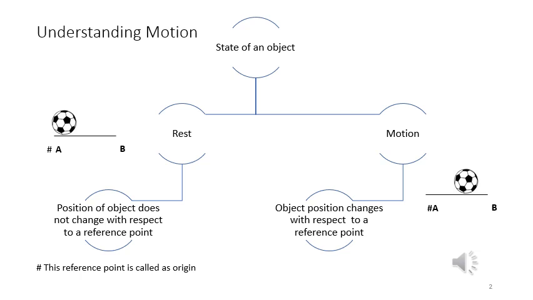So for you in the bus, the tree is moving because your comparison point is the bus. For the person standing under the tree, the tree is stationary and the bus along with the passengers is in motion.